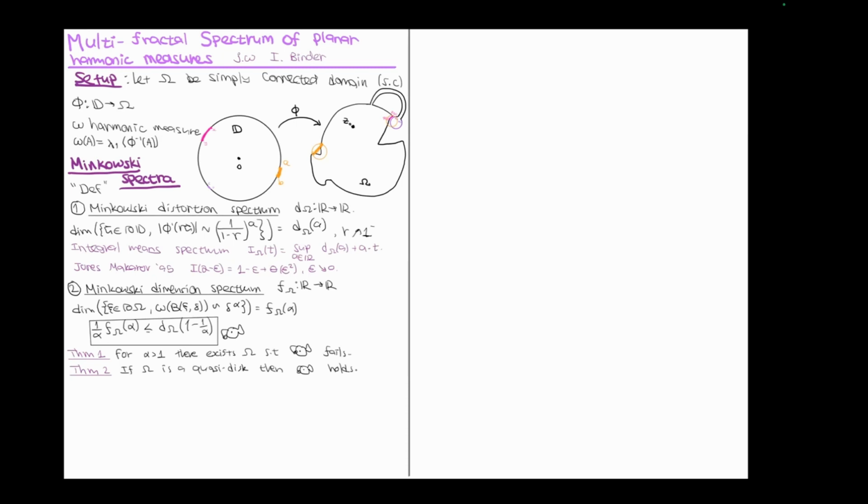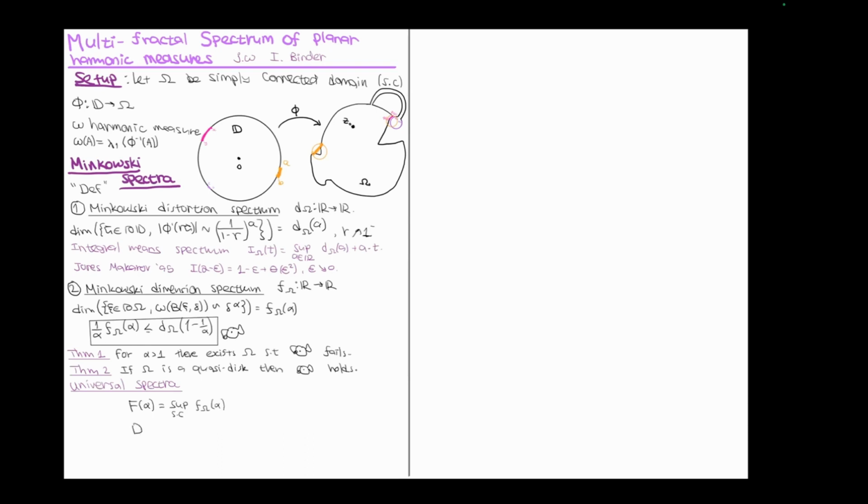Before that, let me define the universal bounds. So the universal spectra, these are the ones that are used in these problems where you want to know something about all the domains. They're defined to be, so the universal Minkowski dimension spectrum, this will be the supremum over all simply connected domains, so little f.